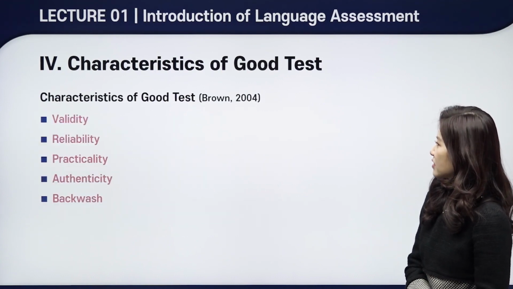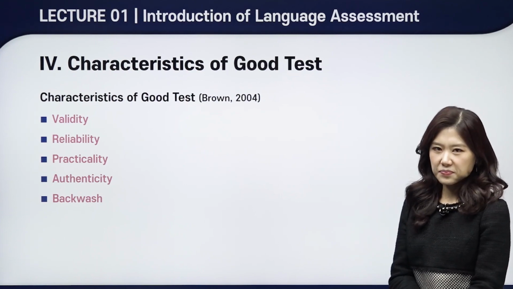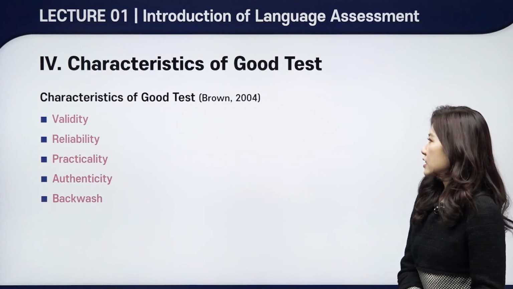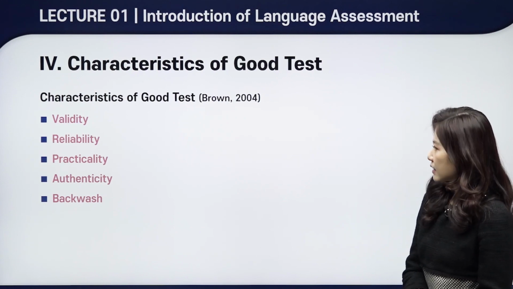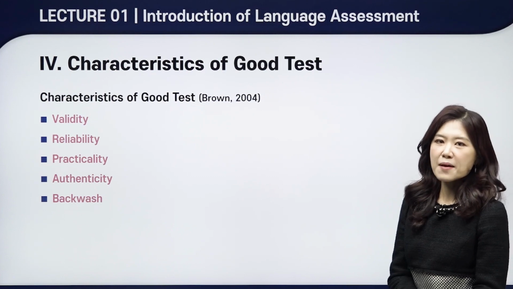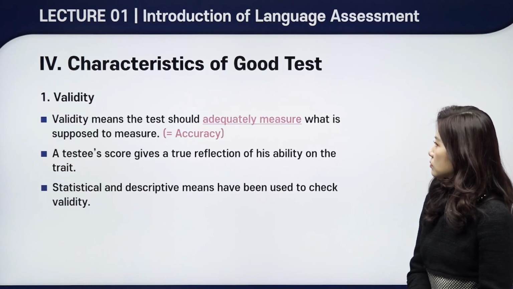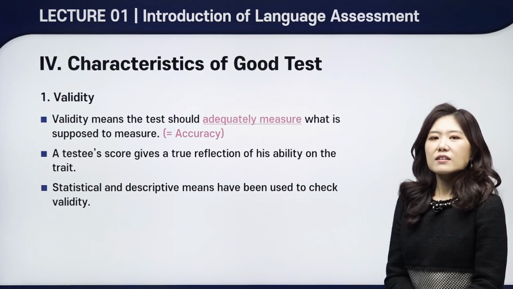Okay, and now let's have a look at Brown's definition of a good test. Let's have a look at these characteristics of a good test in terms of these 5 elements: validity, reliability, practicality, authenticity, and backwash. Okay, validity.